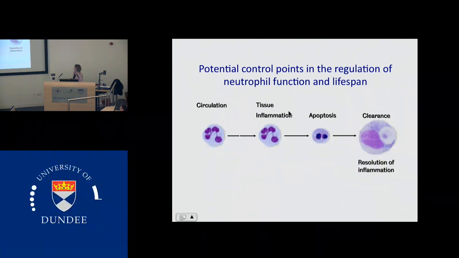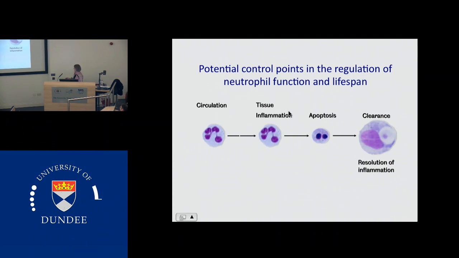But much therapeutic energy has focused on preventing neutrophils from exiting the circulation and going into tissue. The disadvantage of that is clear: you limit the ability of neutrophils to deal with infection if that is your therapeutic approach. So what we went on to focus on is, could we regulate this conversion from a viable neutrophil to an apoptotic neutrophil?